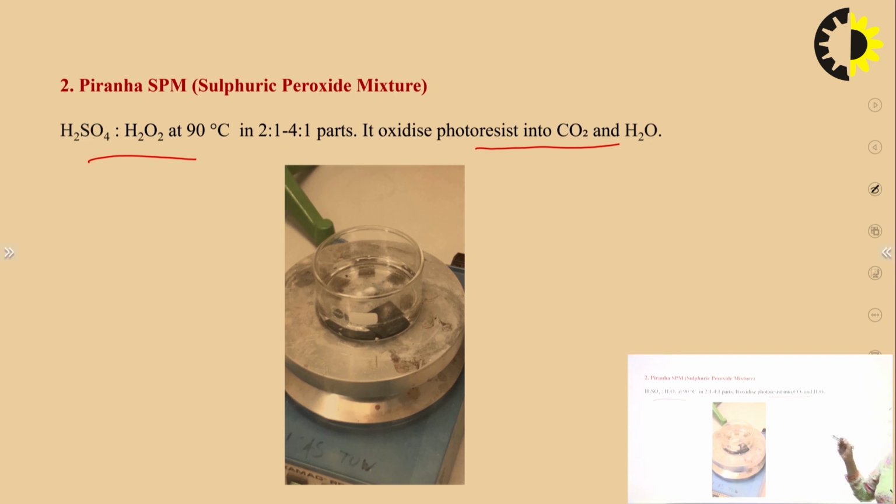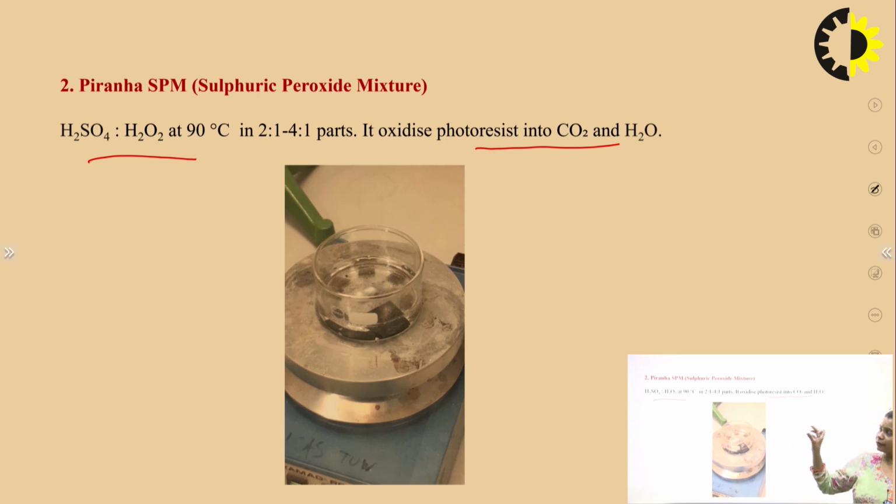So what is this Piranha SPM? Piranha is basically a type of fish which attacks a particular place in the water ferociously. The same is happening here, with the combination of these two chemicals, H2SO4 and H2O2.